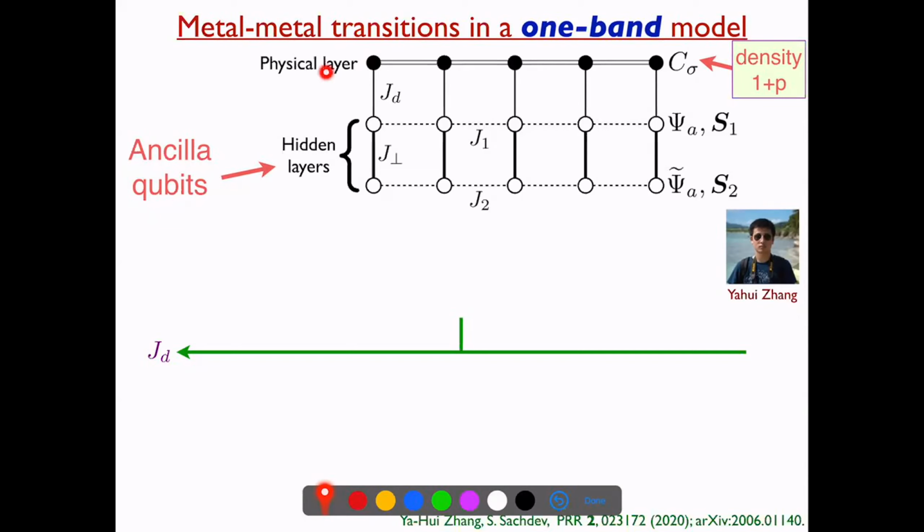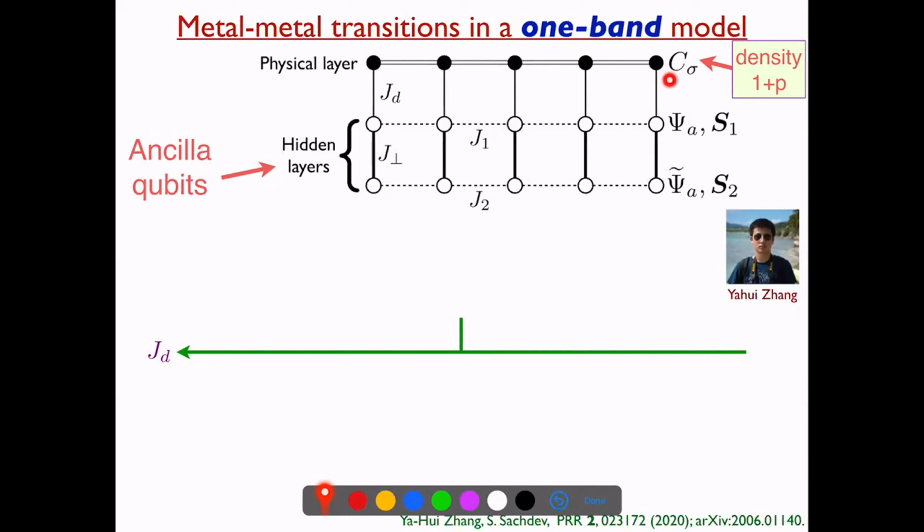So here's our physical state. We want to write down some complicated entangled wave function for the physical electrons. And we don't have too many tools on how to do that. We have the BCS wave function, we have the Fermi liquid Slater determinants, we have the Laughlin state, and that's about it. If you wanted to write down some complicated correlated wave function, we don't have too many tools for writing down nice wave functions.